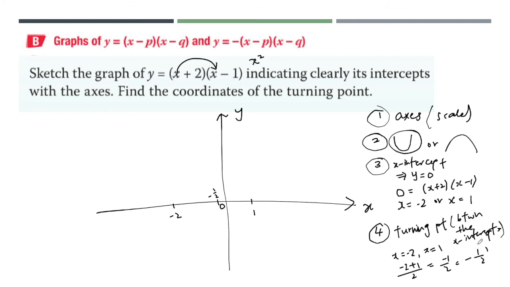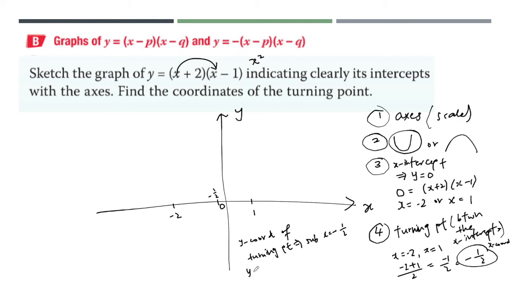Now where should your y be? Then you have to sub this -half back into your equation. So this is the x coordinate of the turning point. And now you have to find your y coordinate. So for the y coordinate of the turning point, you sub x equals -half into the equation.